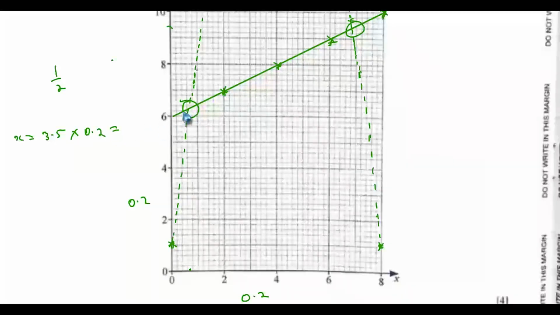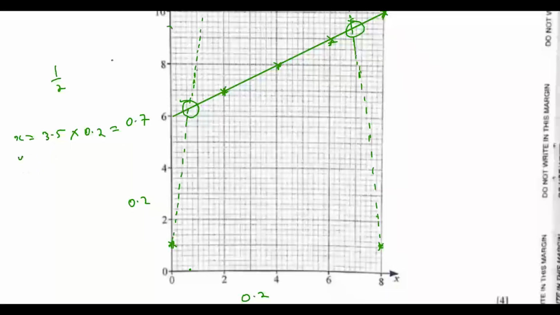For the y, y will be 6 here, then you have this point here, 6.2. So y is equal to 6.2, and the value of x here will be 0.7. We can make this better. Looking at this, it is 10, 20, 30, 31, 31.5 because it's a little bit more than that.